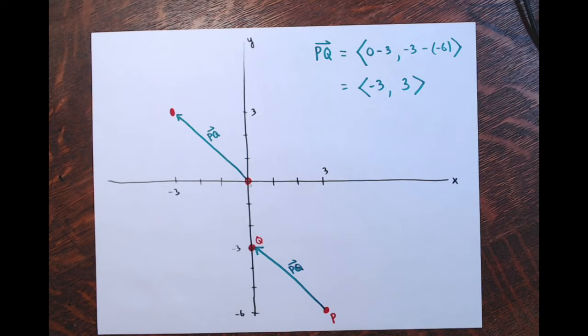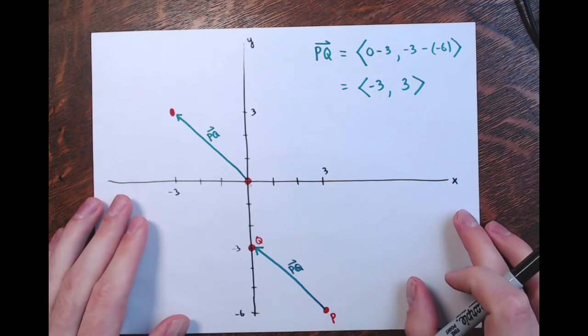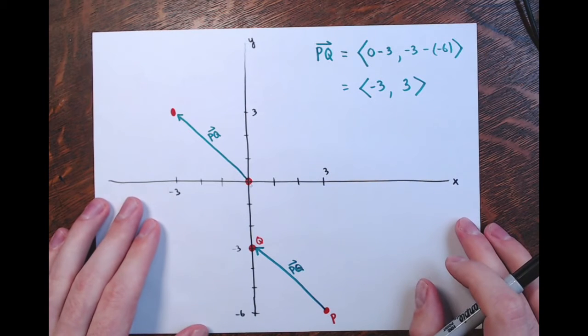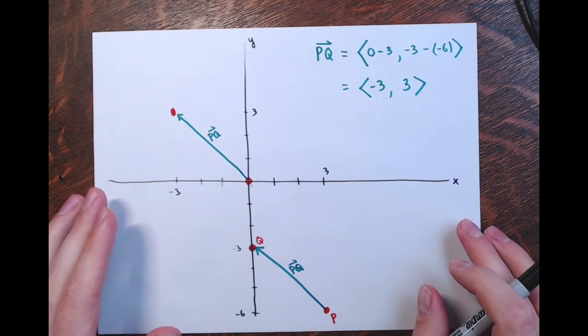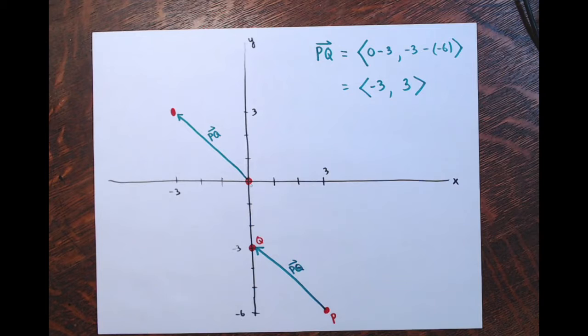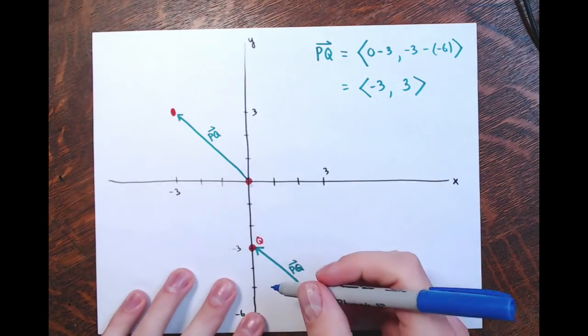Alright, so the first thing we're asked to find now is the magnitude. That's the length. So if you recall from the first video, to find the length we basically use the Pythagorean theorem. Look at this vector here, PQ drawn starting at the origin.